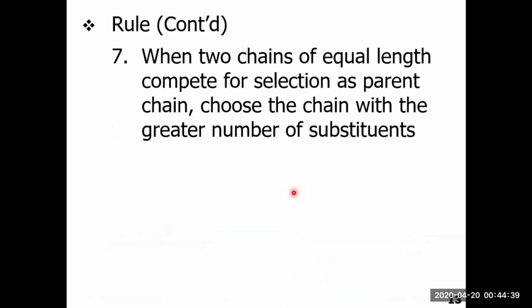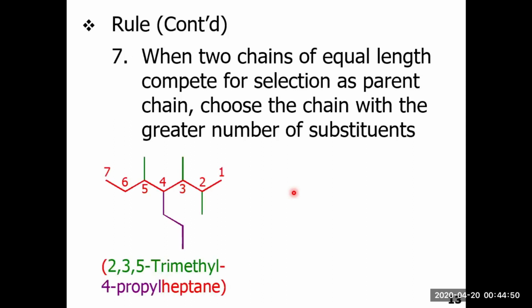Okay, so if you continue on, the problem is, if you look at the parent, sometimes there are chains of equal lengths that would compete for the selection of a parent.